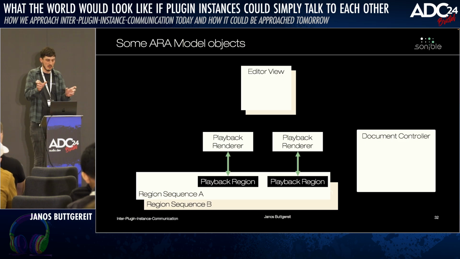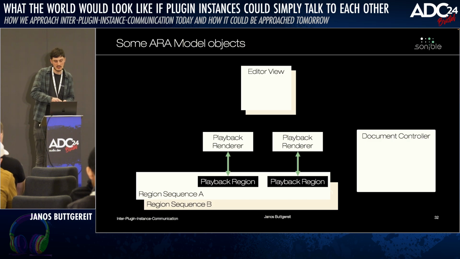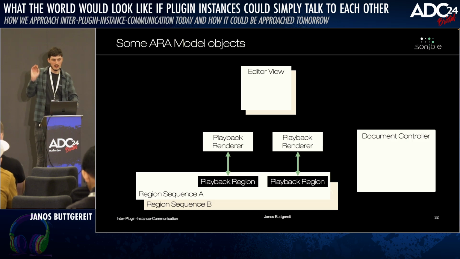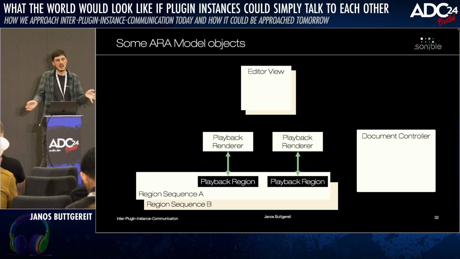It has those playback renderer instances, which are basically the processors that process these playback regions, and editor views, there can be multiple, and they can be used to view basically everything in this ARA world. It's up to the plugin to decide what they should view. And there's one single document controller.